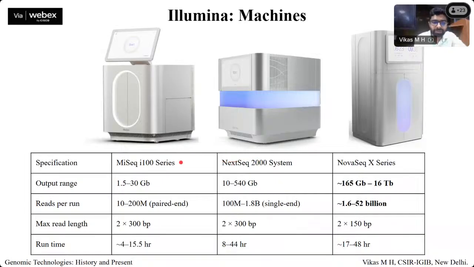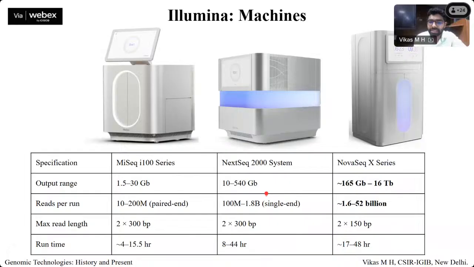MiSeq gives you smaller data, up to 30 GB, but makes up for it in length, generating up to 600 base pairs. This can be used for smaller experiments where you need to try something before you actually go for it.